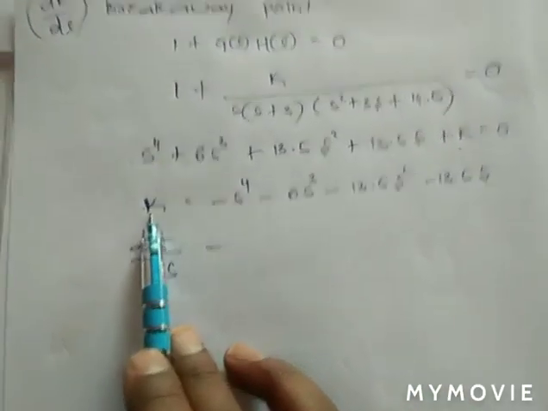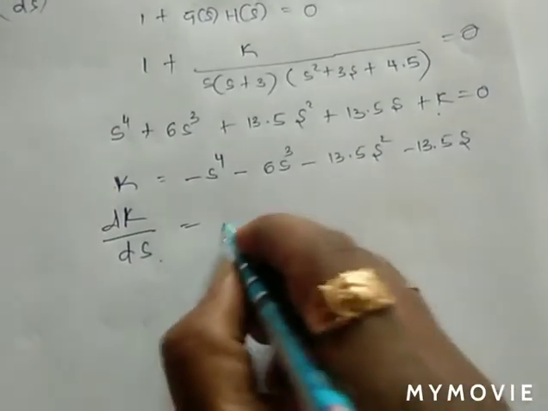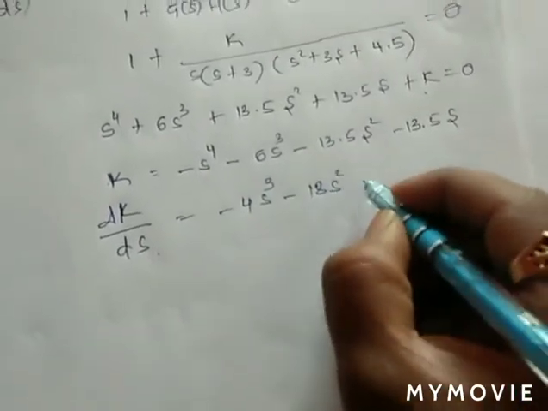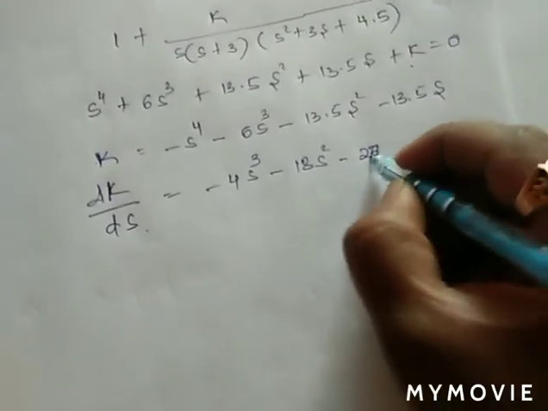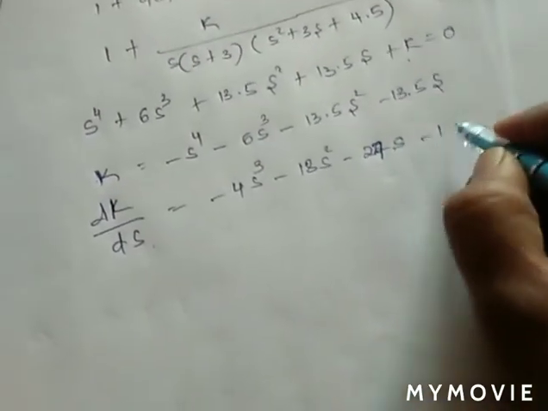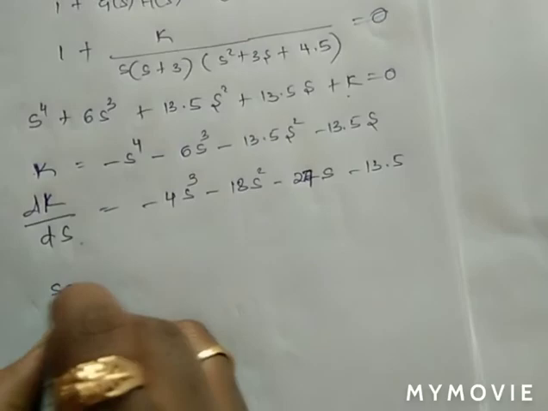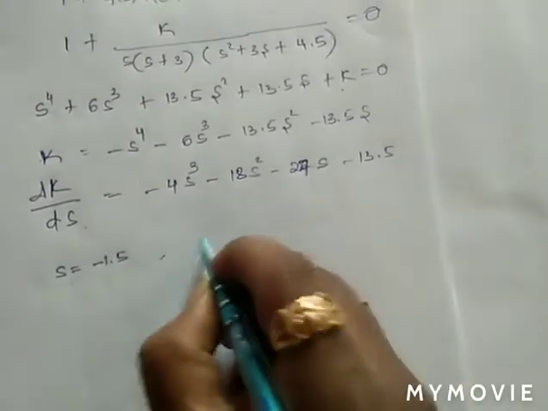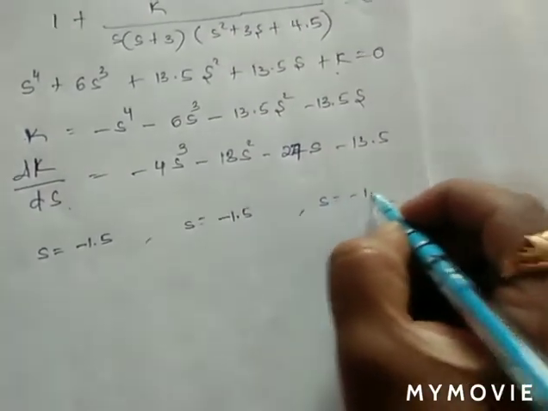So minus 4 s cube minus 18 s square minus 27 s minus 13.5. Now if you put this in your calculator equation, then you will get 3 roots, s equals to minus 1.5, s equals to minus 1.5, s equals to minus 1.5.